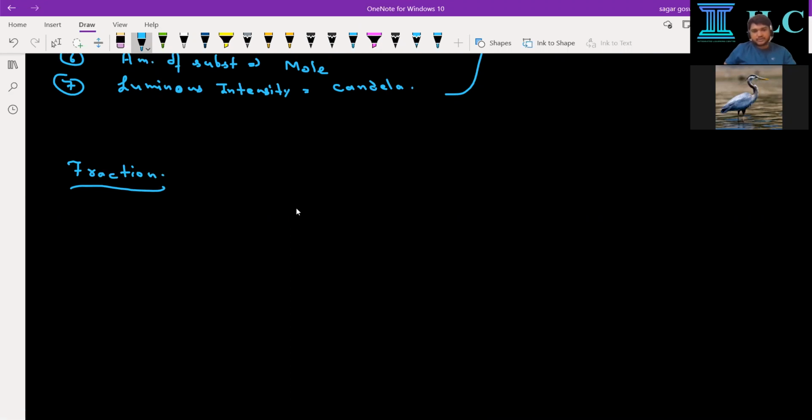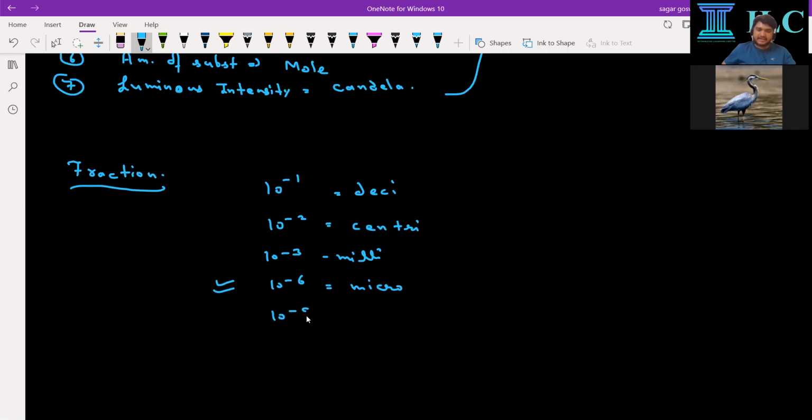If I say 10 raised to power minus 1, it means dividing by 10, so it is known as deci. 10 raised to power minus 2 is centi. 10 raised to power minus 3 is milli. 10 raised to power minus 6 is micro, which is widely used for very small units. 10 raised to minus 9 is nano.